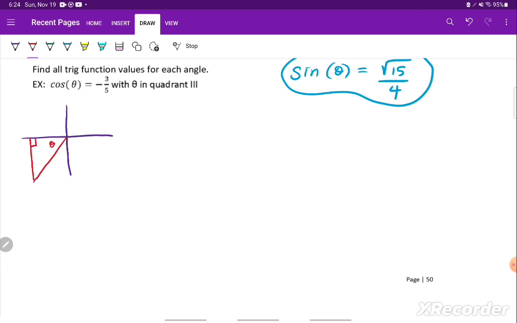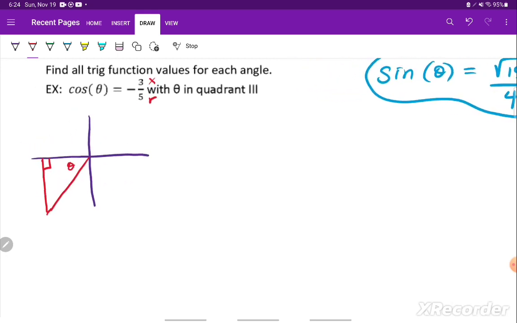I'm going to use our definition of cosine to label the triangle. Cosine is x over r. We know that r is always positive, so that negative has to be assigned to the 3 in the numerator. So negative 3 for x, 5 for r, and now we'll do Pythagorean theorem to find our y side.